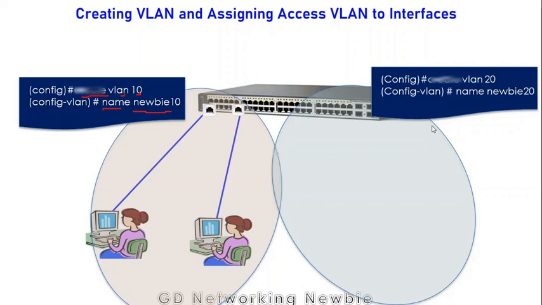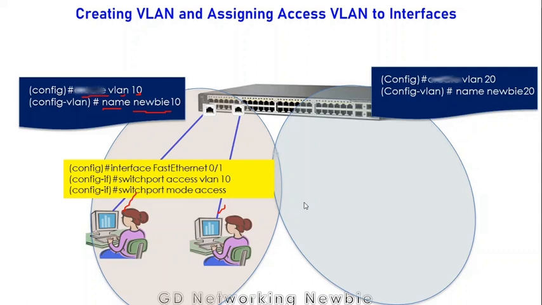For instance, here we have two clients. Maybe this client and this client, and we want this port to be a member of this VLAN. So this is VLAN 10 and this is VLAN 20. For that we have a command: first we need to go to that particular interface or port.